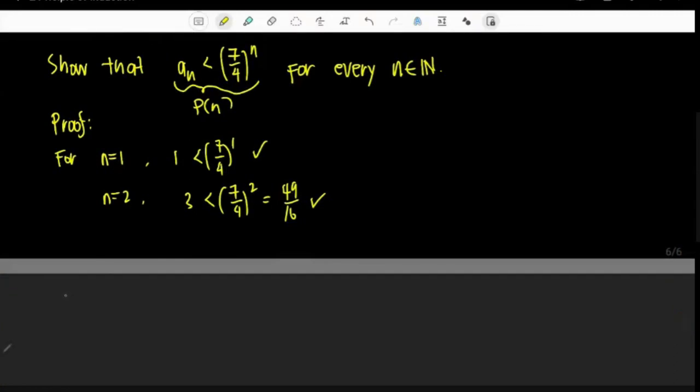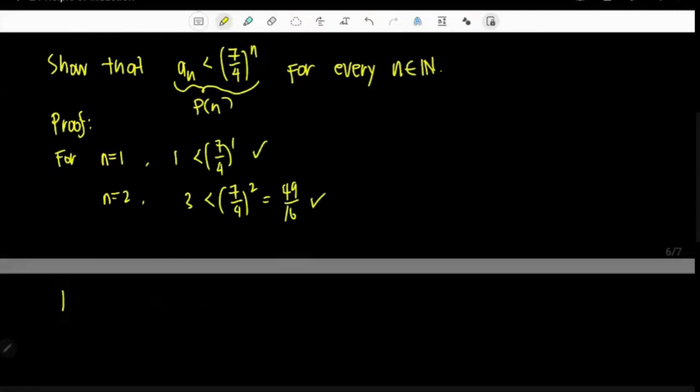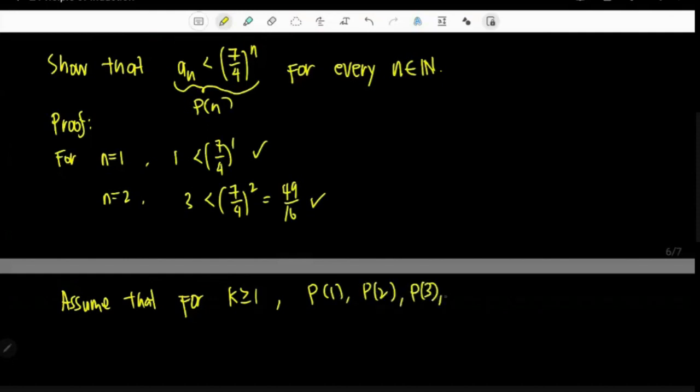So for the inductive hypothesis, we assume that for k greater than or equal to 1, from a starting point, P of 1, P of 2, P of 3, and so on, up to P of k are true.